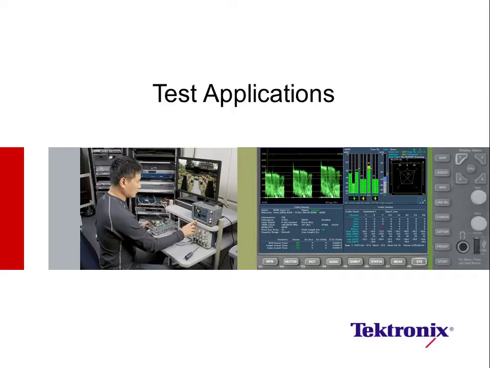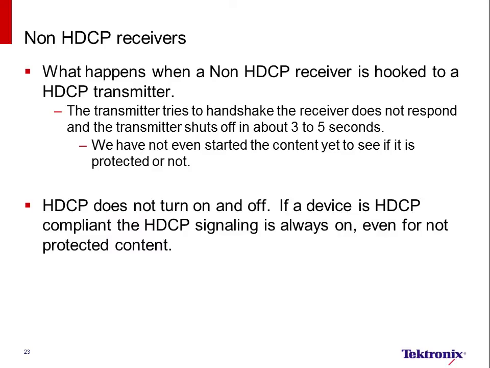Now let's take a look at test applications. How do we test devices that use HDMI? One of the biggest issues we have is dealing with non-HDCP compatible receivers talking to an HDCP enabled transmitter.